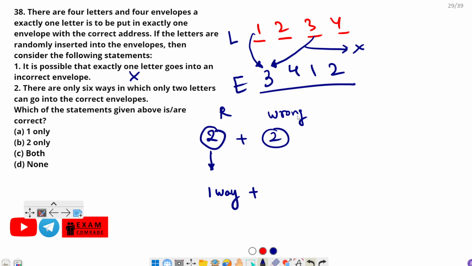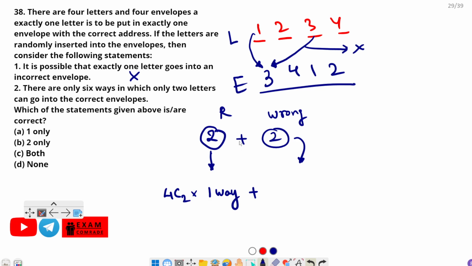You have to put 2 wrong. But you can select these 2 out of the 4, so there will be 4C2 selections.